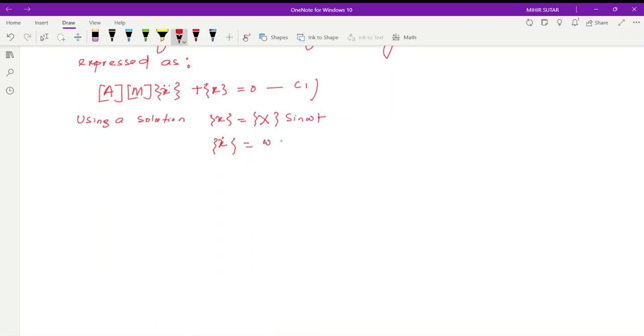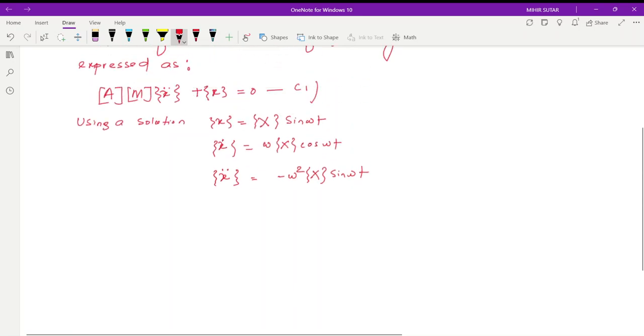So it will be omega X cos omega t, and इसका जो acceleration है x double dot, that will be the differentiation of x dot, right. So it will be minus omega square X sin omega t, right.